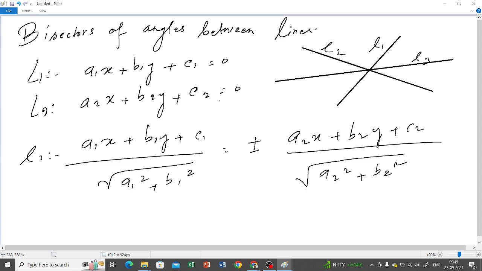This is the equation for the angle bisector. Right, this is what we have.